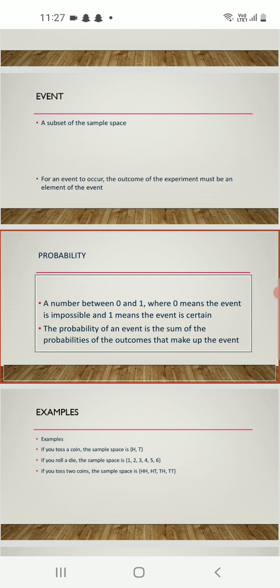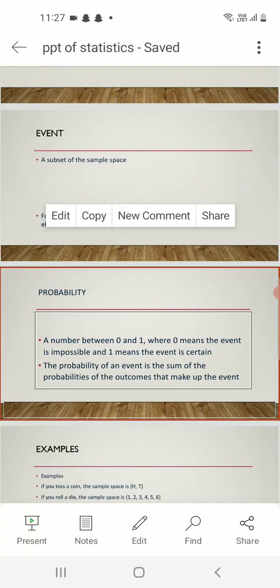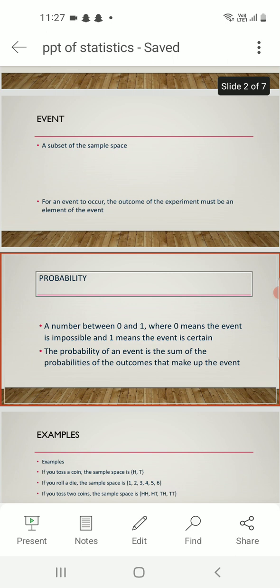And then there is the certain event. Means what? If all the points of the sample space are present in your event, it is called a certain event or sure event. The probability of a sure event is 1.